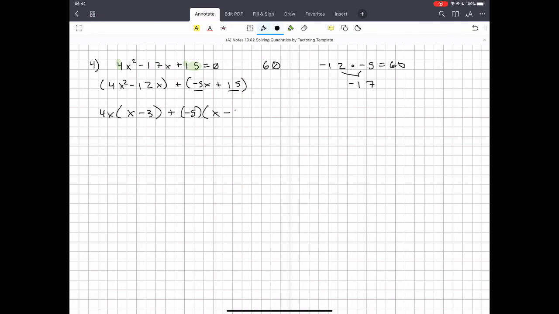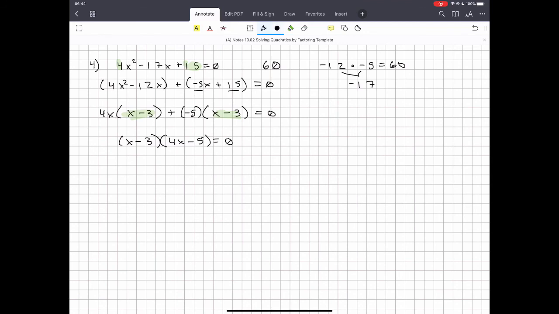And that will also leave me with x minus 3. Bring down my equals 0. And now I can factor out the x minus 3 that's in common with both of them. And I'm left with 4x minus 5 equals 0.